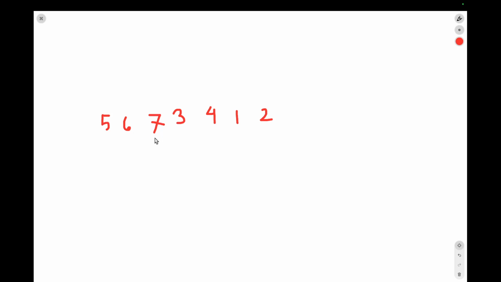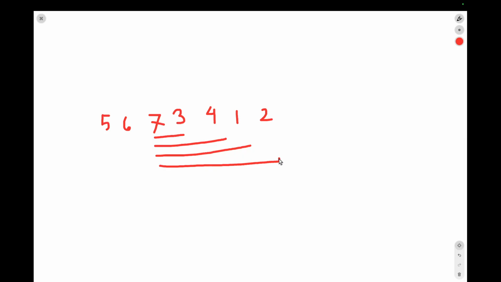First of all, I can see that this is a valid subarray which contains one such pair where p of i is greater than p of j. Here i is this and j is this. So here p of i, the permutation at i, that is 7, is greater than the permutation at j, that is 3. Okay, this is a valid subarray. This is also valid, this will also be valid, and this also will be valid.